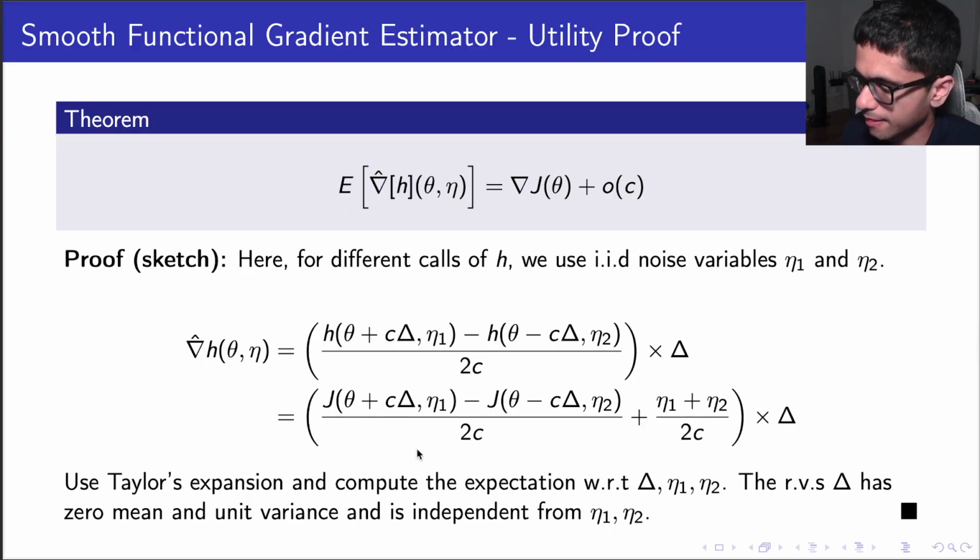From here you can just imagine the Taylor expansion, and then this expectation goes to 0 because everything is independent, and then we use the fact that the individual components delta i are independent of each other and have 0 mean and unit variance. So at the end you end up with this theorem.